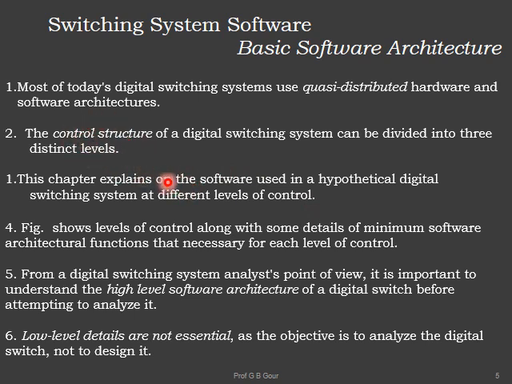Each level has its own real-time operating system, not a general operating system. So a real-time operating system is required, that we'll see in the next block diagram. And here it is quoted hypothetical DSS because theoretically we are discussing how the basic software architecture is there for the DSS. The next block diagram shows the different levels of control with the minimum software architectural functions which are necessary for each level of control.